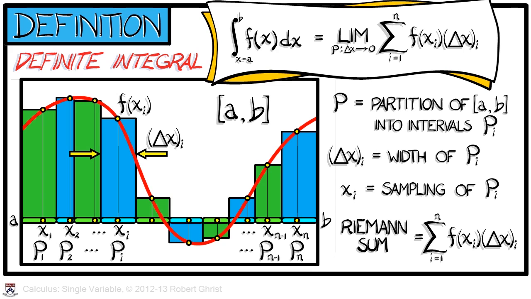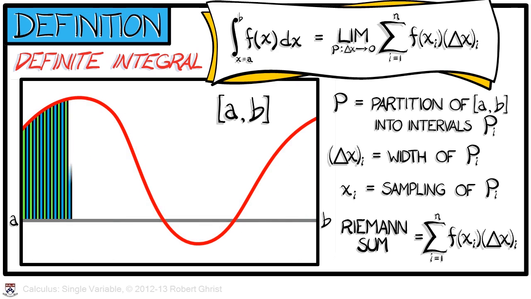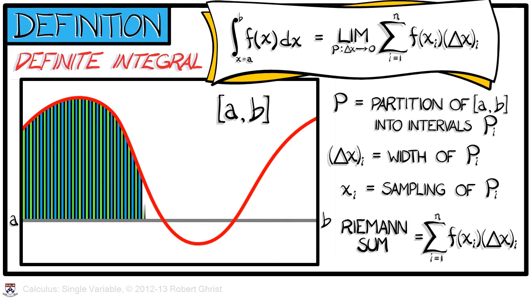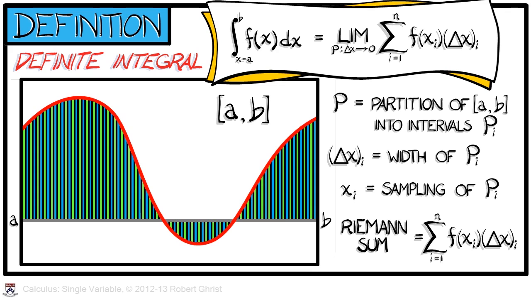We're taking the limit as the partitions get smaller and smaller, as the widths of the partition elements go to 0. Now, you can see that as those widths get smaller and smaller, the dependence on the sampling seems to be less and less important. And indeed, that intuition does hold true.